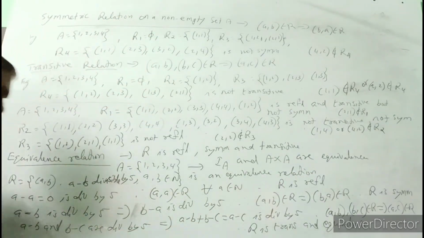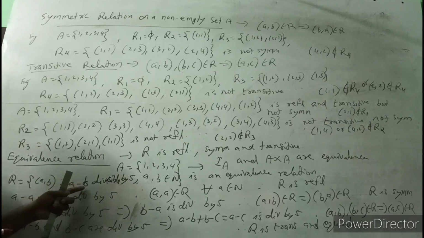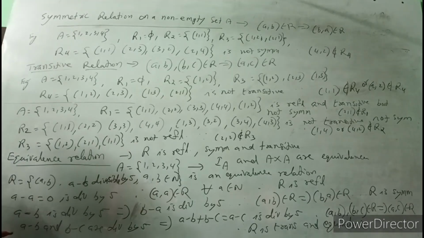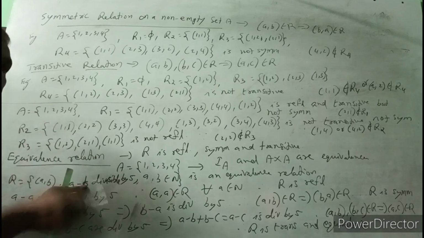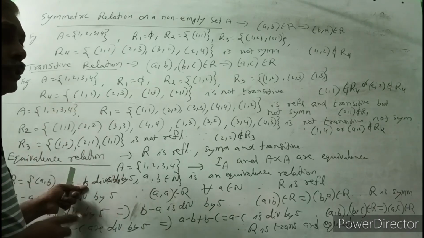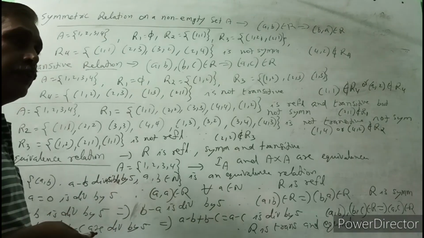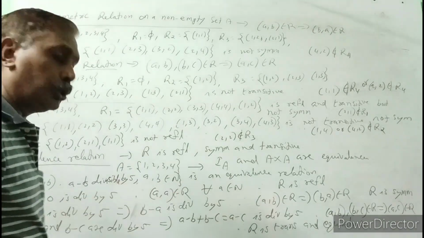Let's see. a minus a: if I can write (a, a), then only is it reflexive. First element a, second element also a. For example, (1, 1): 1 minus 1 is 0. 0 is divisible by 5. 2 minus 2 is divisible by 5. 0 is divisible by every nonzero number.